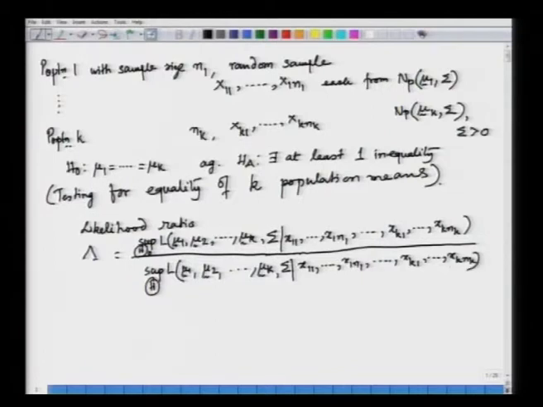So, let us again go back to the parameter spaces, this notation that we have used. Let us specifically describe this once.